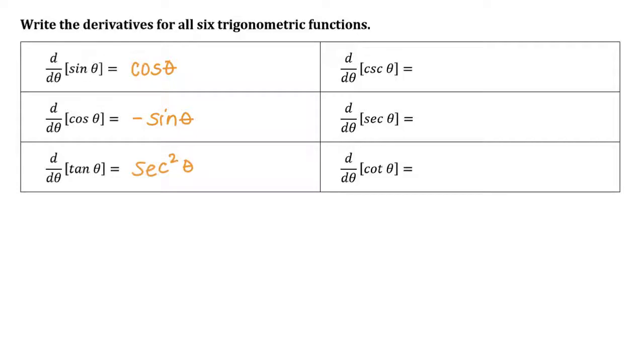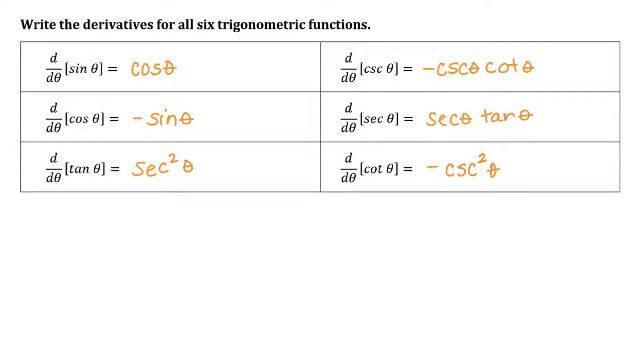The derivative of cosecant is going to be negative cosecant theta cotangent theta. Derivative of secant is going to be secant theta tangent theta. And finally, the derivative of cotangent was negative cosecant squared theta.